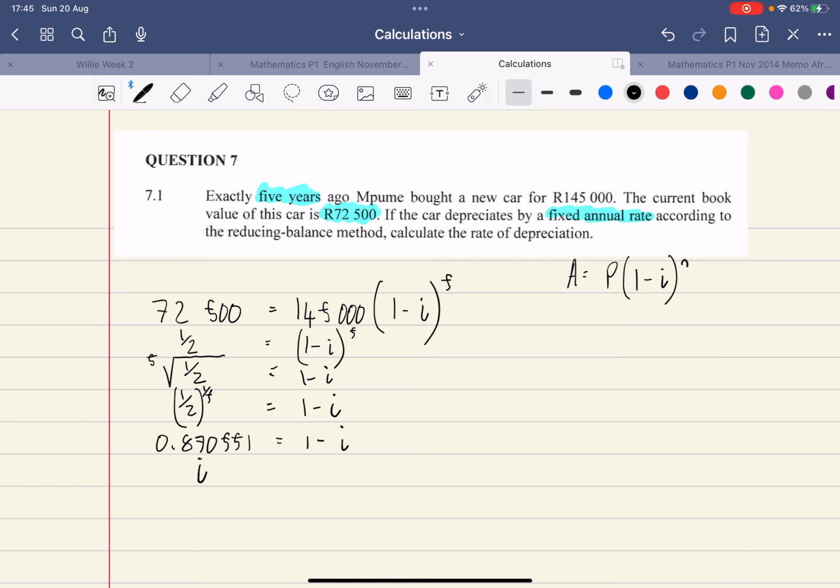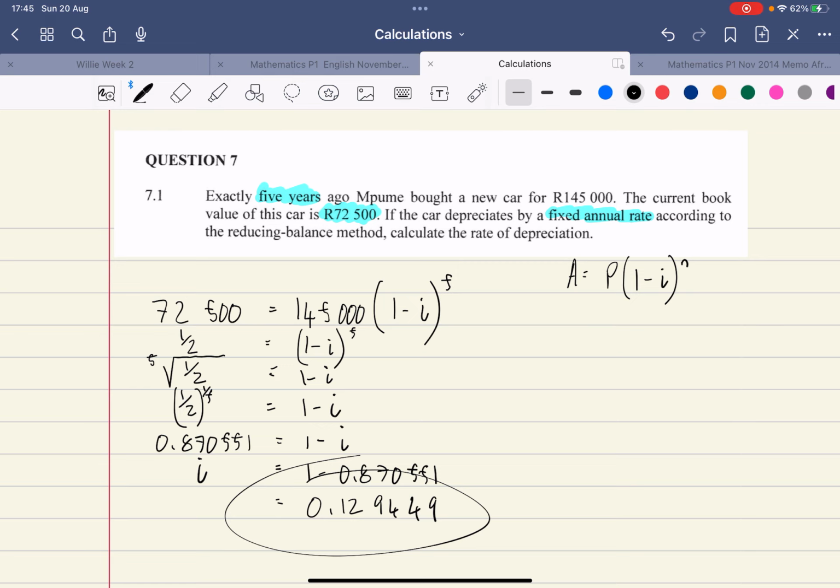And then we want to solve for i, so bring the i to the other side. 1 minus 0.870551. And what is that equal to? That is 0.129449.